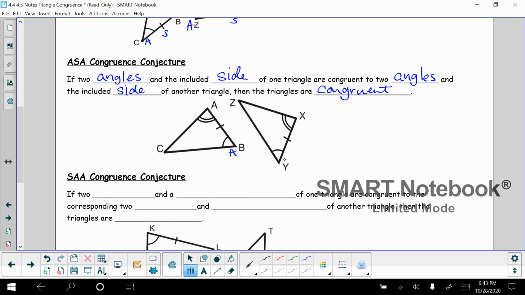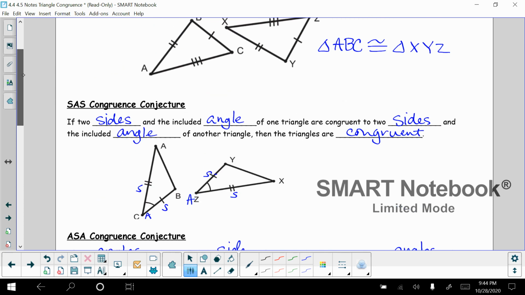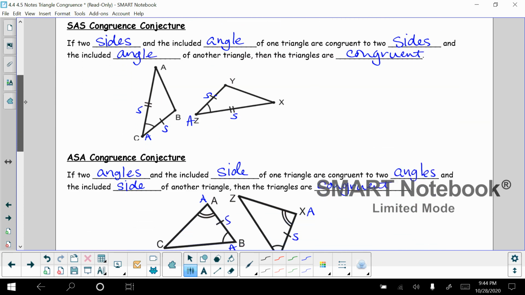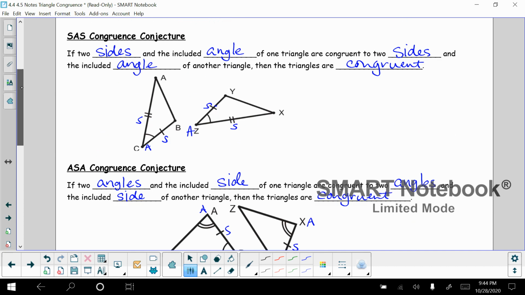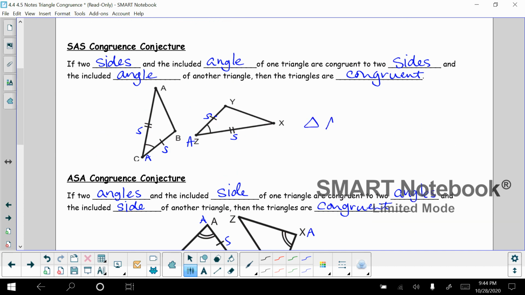So here it is, angle to this angle, this side to this side, and this angle to this angle, okay? And so again, I forgot to write these up here, but this one over here, this triangle ABC is congruent to triangle, let's make sure it's in alpha order.